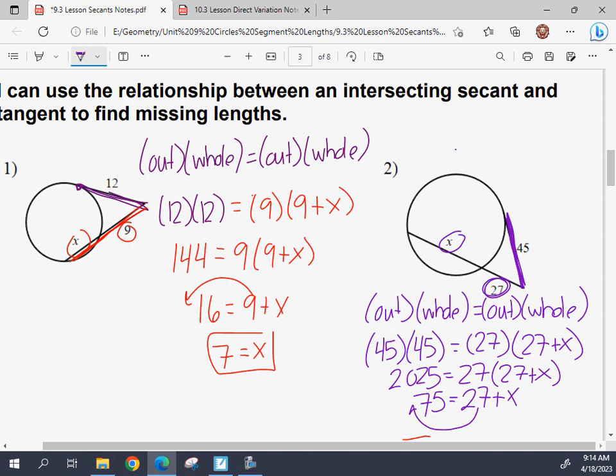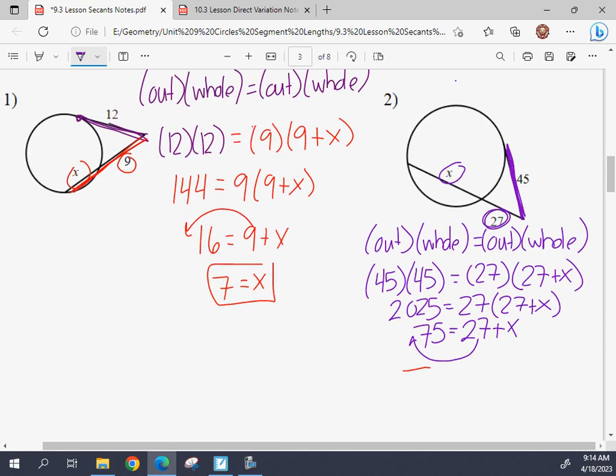It's going to become negative, so I'm going to get 75 minus 27. And I'm going to get that missing piece is 48. One last time, if you do get stuck on any of the algebra I'm doing, wondering how I go from one step to the next, please do call one of us over for clarification, so that you can move forward confidently.